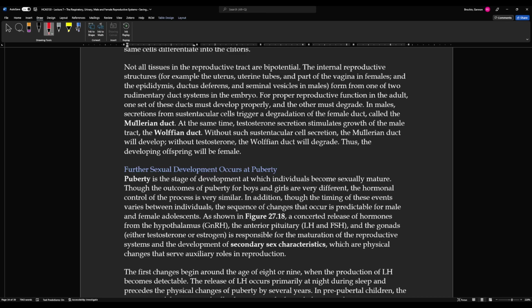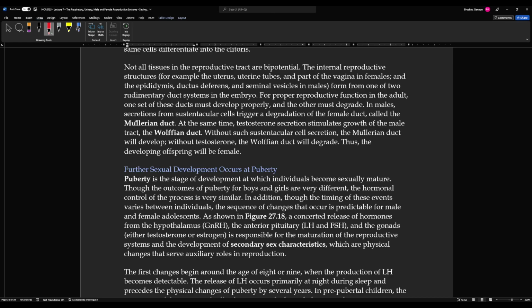As I mentioned before, there are embryologic equivalents between male and female reproductive systems, even though they look different. You see some examples listed here, but the idea remains the same: the tissues do a very similar job regardless of whether they're in a male or female.